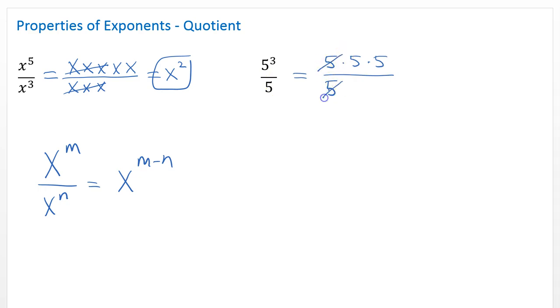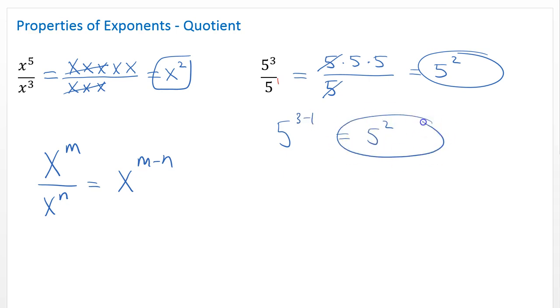This 5 cancels with this 5, which leaves 5 to the second power. If we use the rule instead, remember there's an implied 1 right here, so this answer would be 5 to the 3 minus 1 power, which is 5 to the second power, the same answer as before.